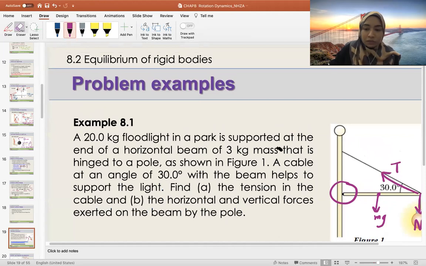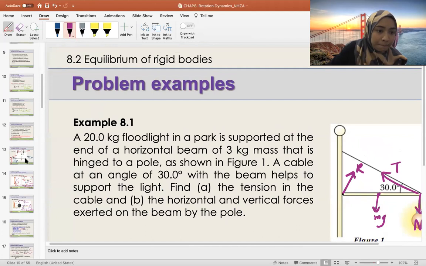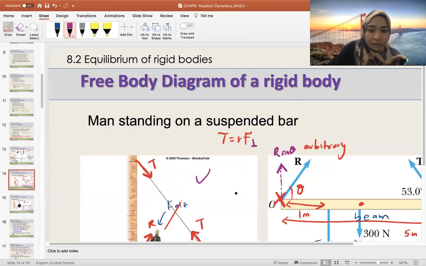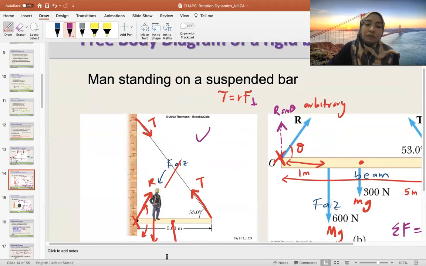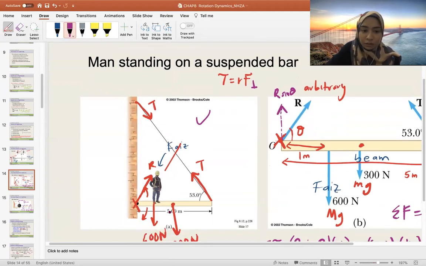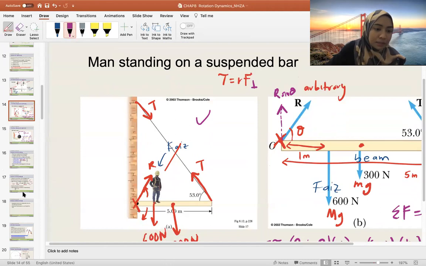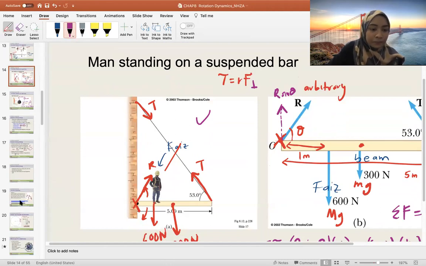So I will say we have R there, okay? And kenapa saya label R saya macam ni? Because we have seen a diagram like this before. Mana gambar tadi? Like this guy. Okay, lebih kurang. It looks like a flat light as well. So your R was like this, right? So let's label your R like that as well. Over here.